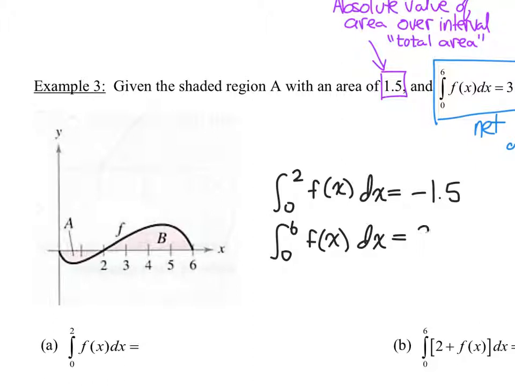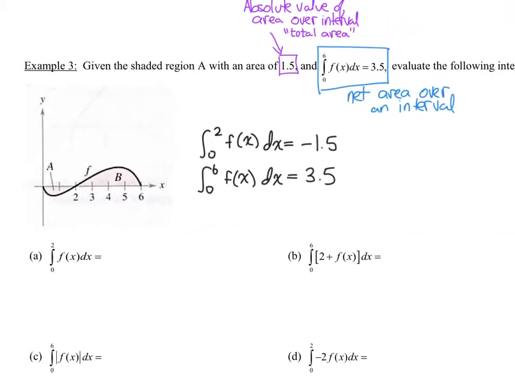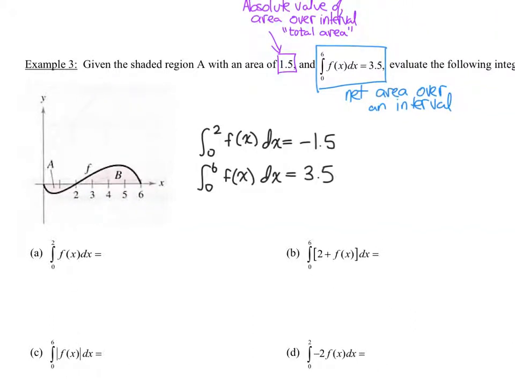All right, so with those two pieces of information, we could pretty much answer everything that was asked, because the first question is directly asking us what the definite integral was on the interval of 0 to 2, which we just stated was negative 1.5. The second problem is the sum.